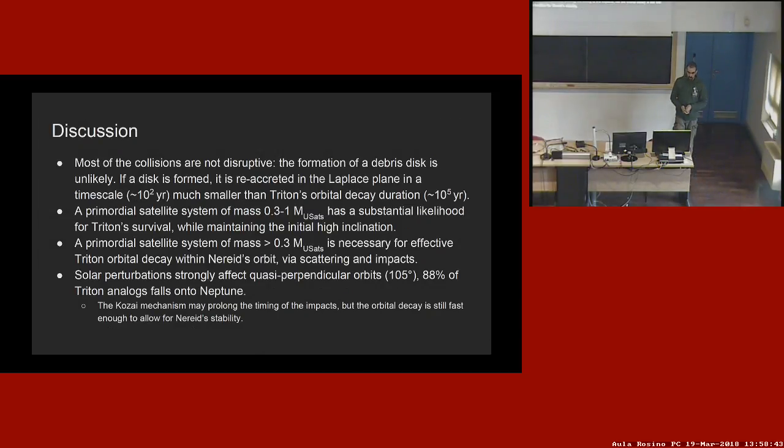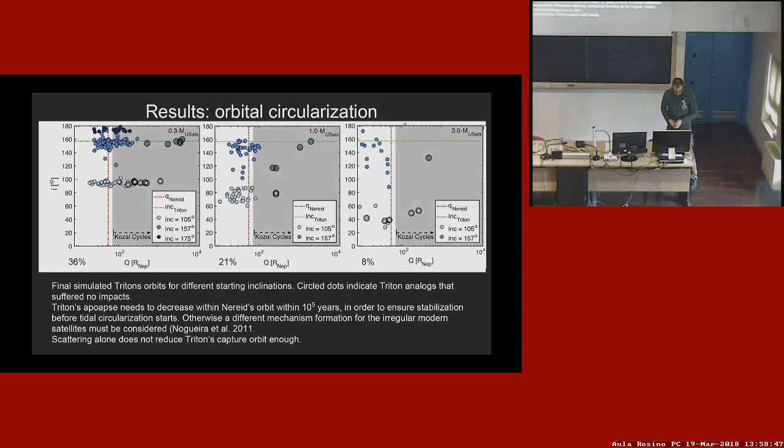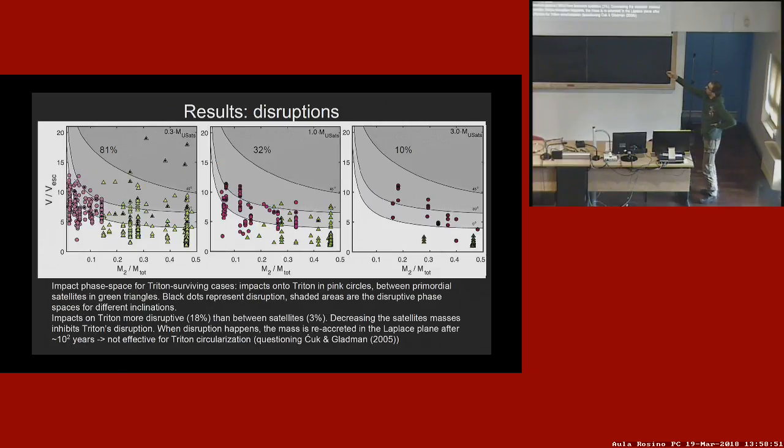So, in discussion, we can add the percentages. These are quite important because these are the percentages of Triton analogs that both survive stabilization and do not experience disruptive events. So you can see it's much higher, 81% for low mass systems than for high mass systems. Of course, because the system is more massive, the impacts are more disruptive.